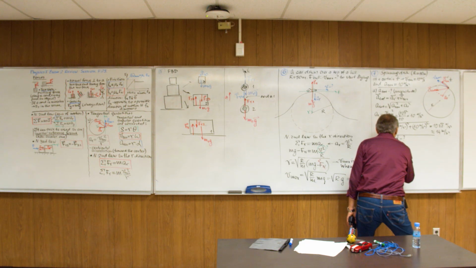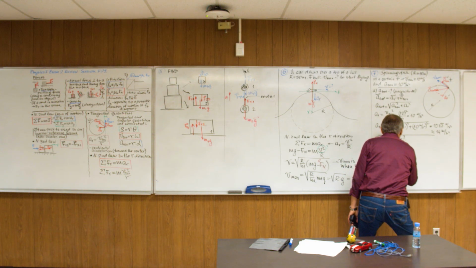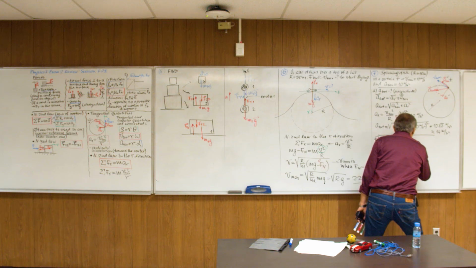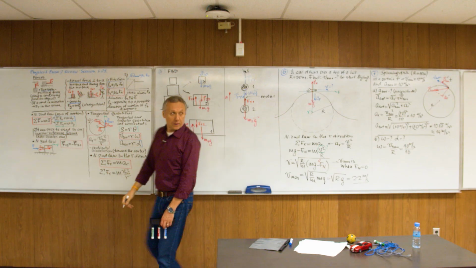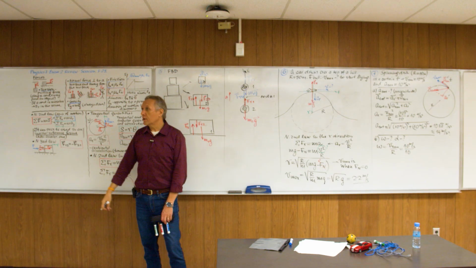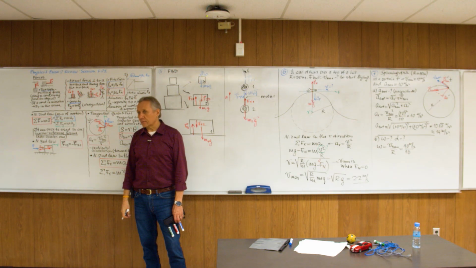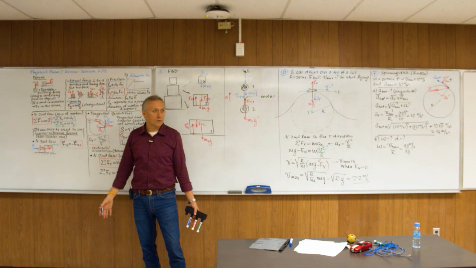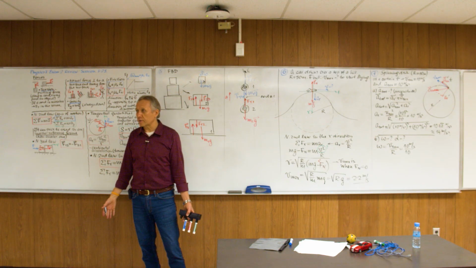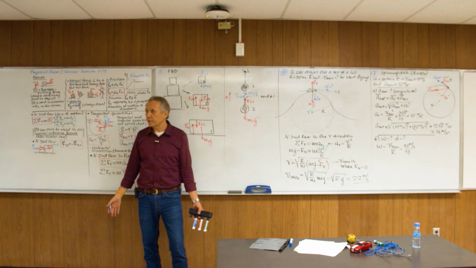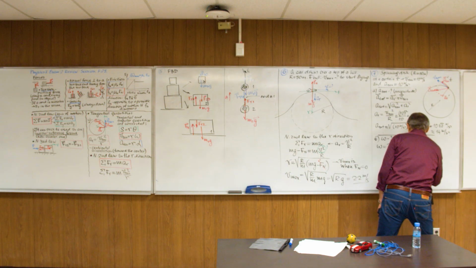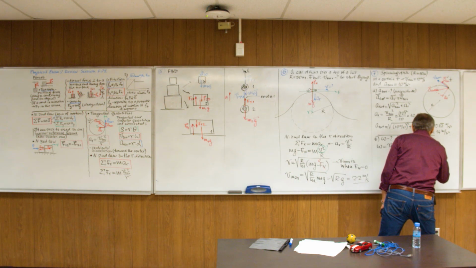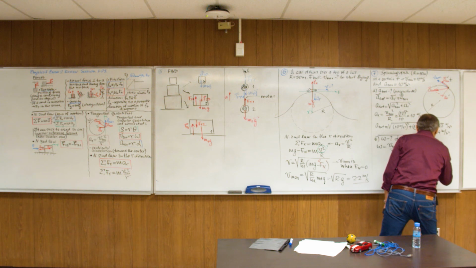It's V tangential divided by r, so 10 meters per second divided by 10, everywhere 10. So it's 1, with units radians per second. Of course, radians means what? Radians means nothing. Inside of radians, there is nothing, it's an empty unit. So it will be 1 radian per second.